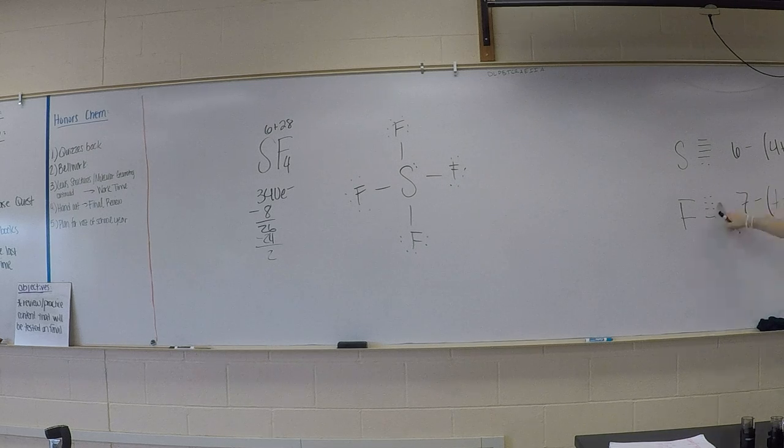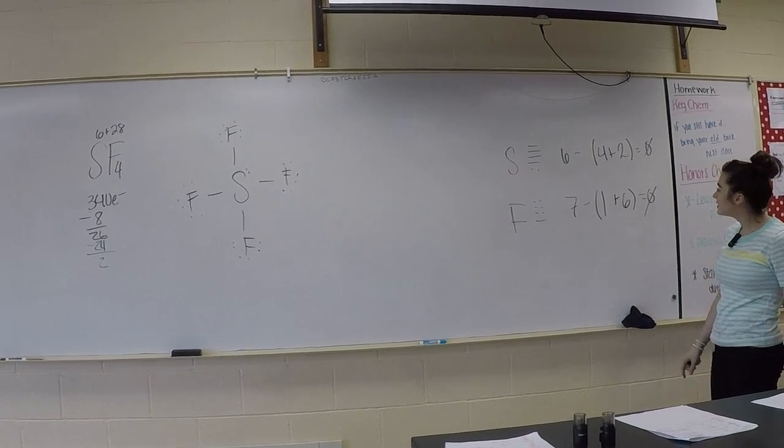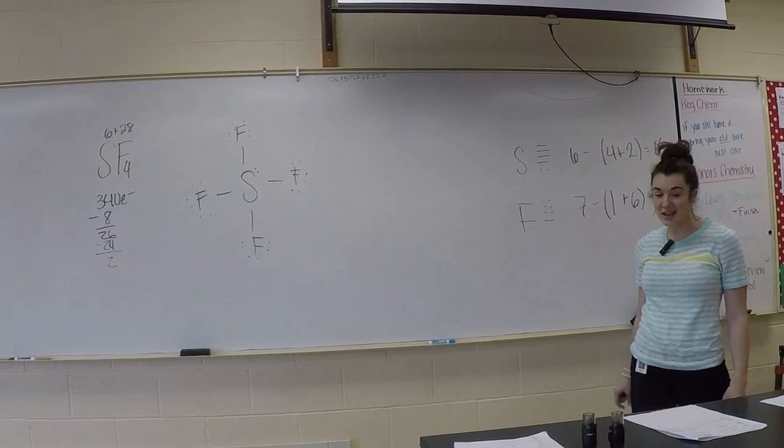Plus how many loners? Equals, across. Whoa. 7 minus 7? 0. Okay, cool. So is that our structure? I think it's actually 7. No. 7 minus 7, 0.